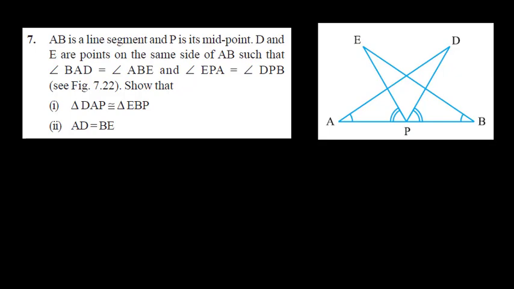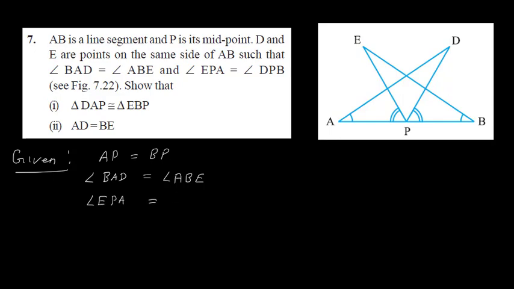So let us start. Given first, we will say that AP is equal to BP. Then we are given angle BAD equal to angle ABE, and then third, we are given angle EPA is equal to angle DPB.